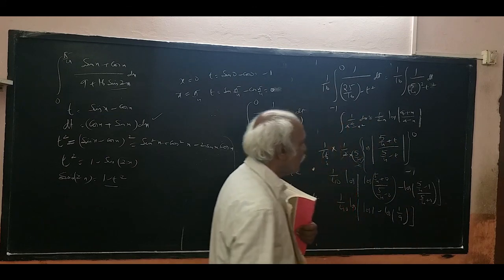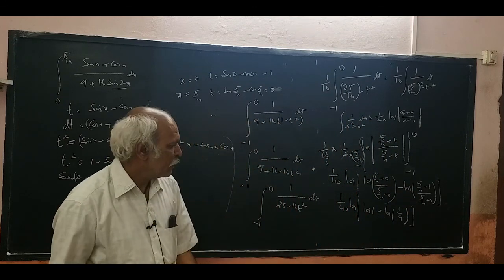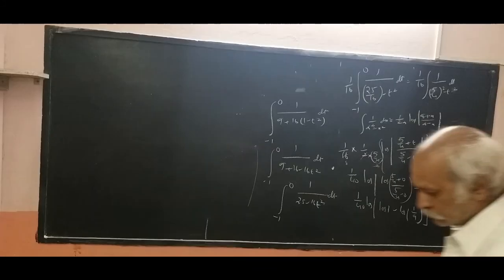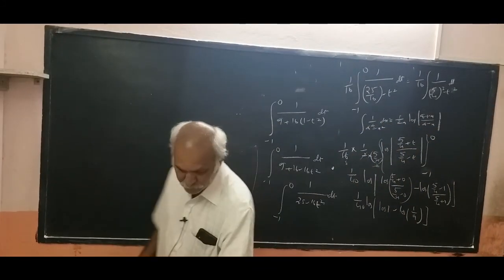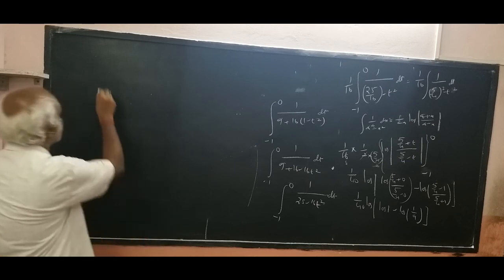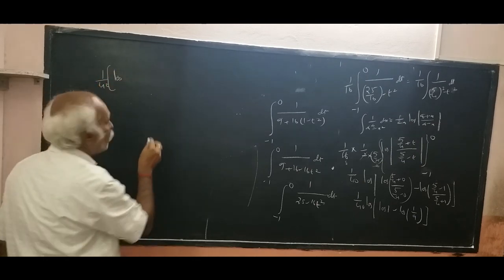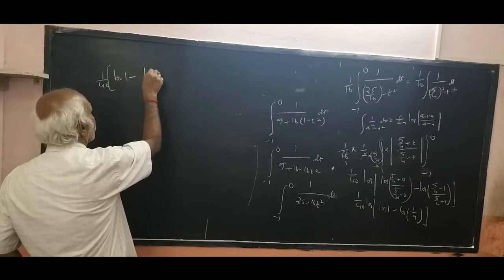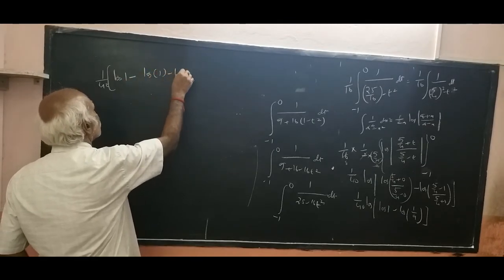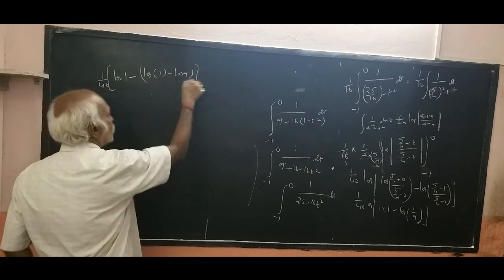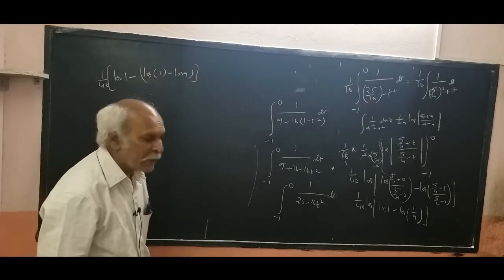Okay, so what I have done, apply this formula. Okay, please note down up to here. Okay dear, 1 by 40 log of 1 minus log of 1 minus log of 9. Why, sir? Log of a by b is what, sir? Log a minus log b.